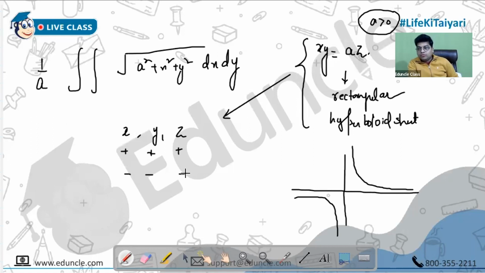Student, just understand my point. When you take z positive, xy is positive. Basically, we have to make xy equal to c square. It's positive. That is called a rectangular hyperboloid sheet. So in a rectangular hyperbola, when you take xy positive, then z is also positive, and xy is equal to c square format. When you take x positive, y positive, z negative, it is not possible.